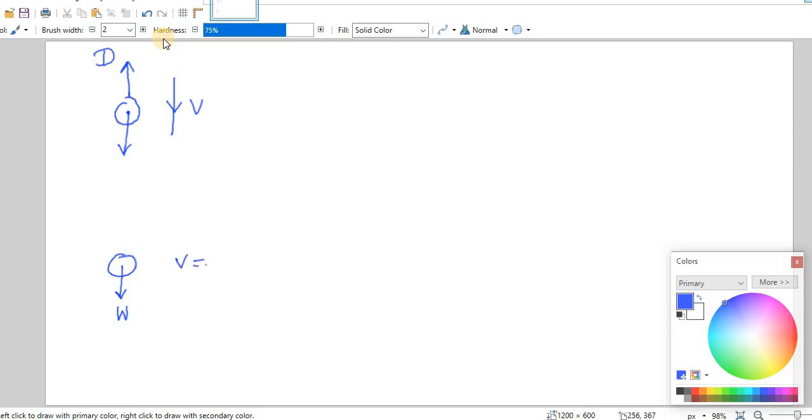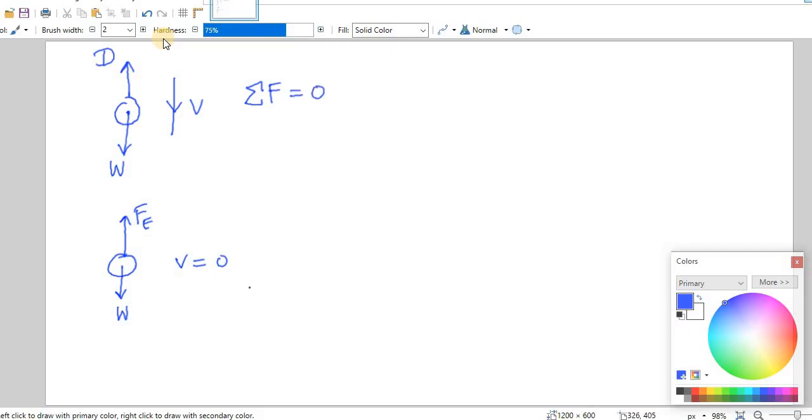So here v is equal to 0, and what balances the weight is the electric force, let's call it F_E. F for force, E for electric. Here the resultant force is 0, that's why it's moving with terminal velocity.